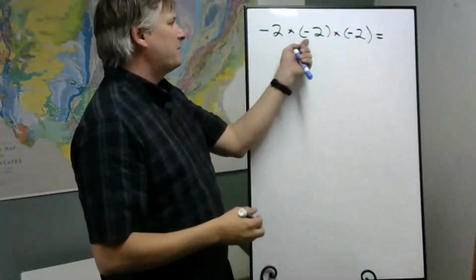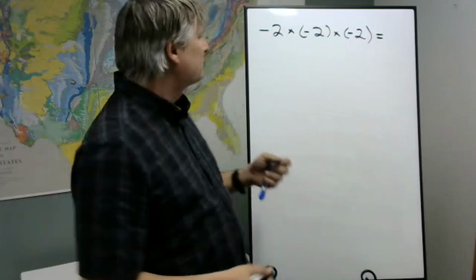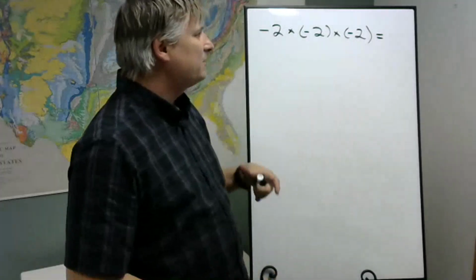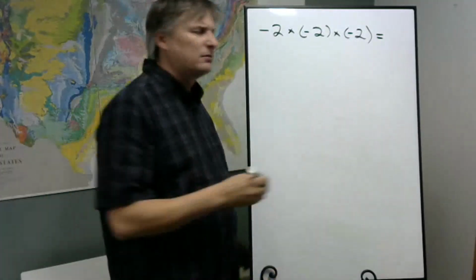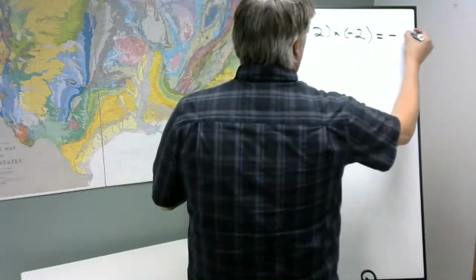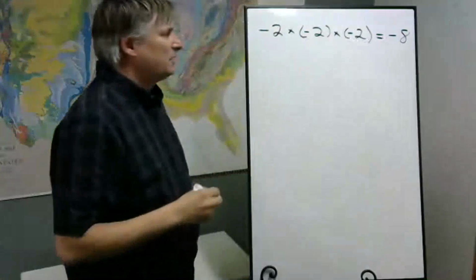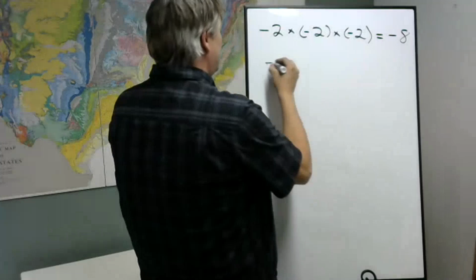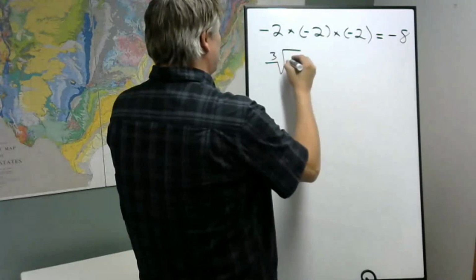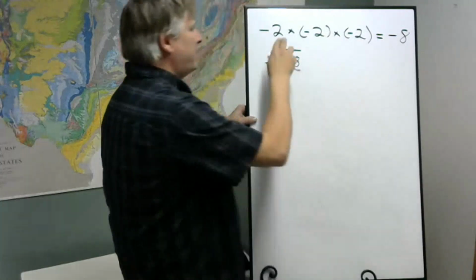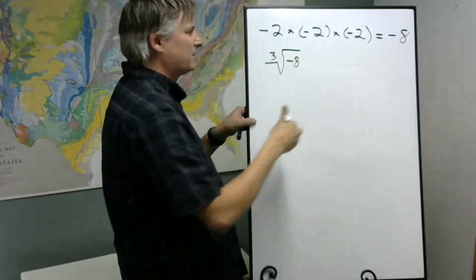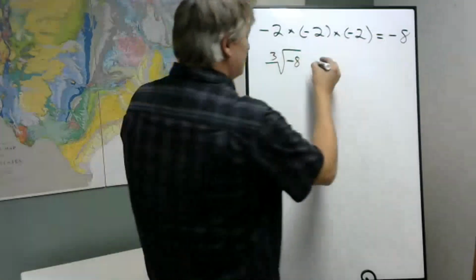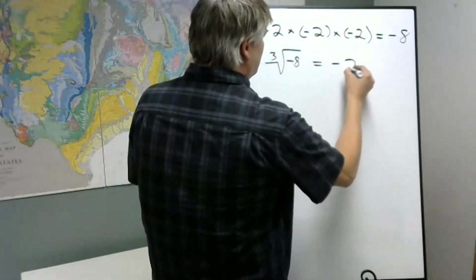Well, -2 times -2 is +4. +4 times -2 is -8. So in this case, we can take a cube root of -8, and we have same number, same number, same number, so it's a root. That comes out to -2.